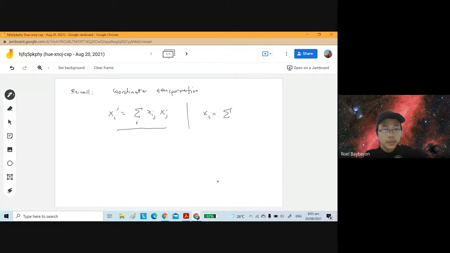Yeah, this is j. So we have lambda ji xj prime. Okay, so these are the coordinate transformations if you want to transform from one coordinate system to another coordinate system.